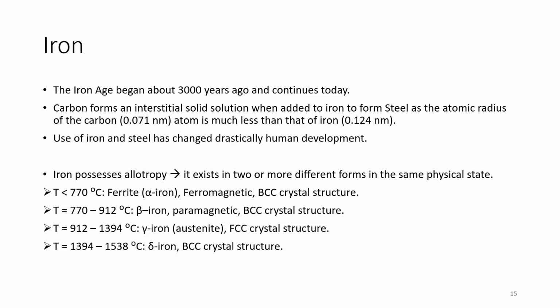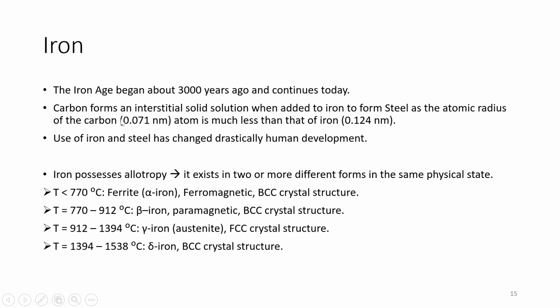The Iron Age began about 3000 years ago and it continues today, because most of our materials even today consist of steel. Most of the materials you'll be seeing around you are made of either cast iron or steel.